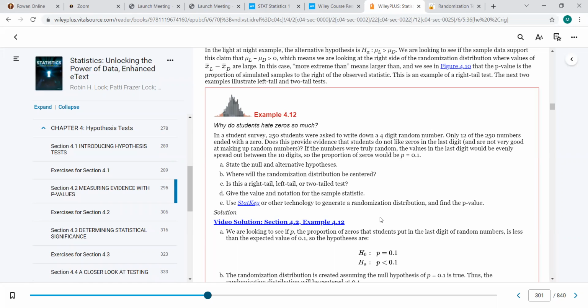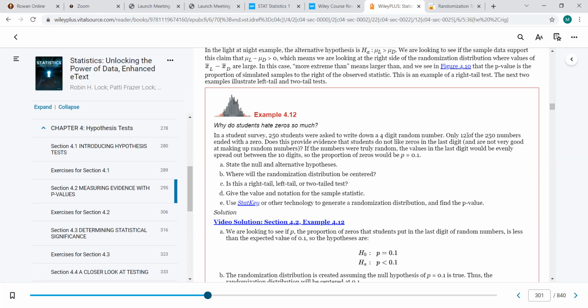Now, somebody's proposing, as a researcher, that for some reason people don't like putting a 0 as the last digit of a 4-digit number. So they're proposing a hypothesis that the proportion is going to be less than 10%, less than 0.1. In this particular sample, they noticed only 12 of the 250 numbers ended with a 0.